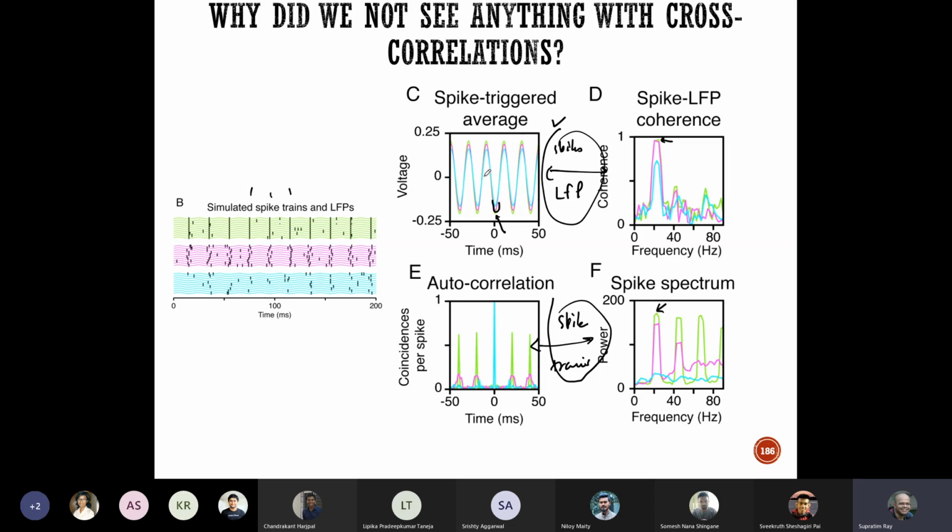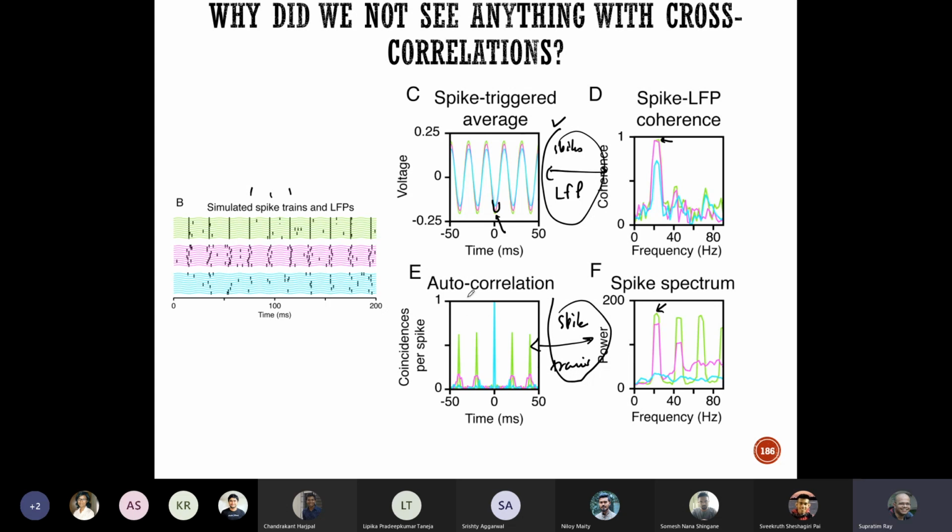The amplitude has decreased a little bit, but it's more or less similar. So the spike field coherence is also more or less similar. You can think of the spike field coherence as approximately the Fourier transform of the spike triggered average. So as far as the spike LFP coherence is concerned, you are still catching this relationship.